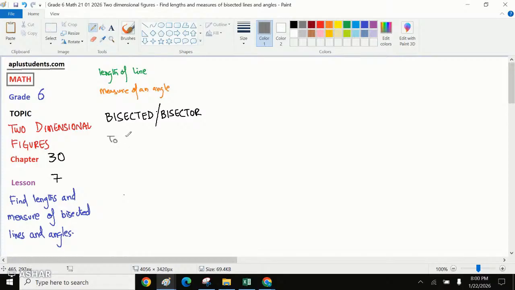The bisector always makes anything into halves. This is something that we need to remember. If we have a piece of paper, we can fold the paper as we wish, but when we are folding the paper in the center, making it half, that means we are bisecting the paper, okay? So anywhere we bisect, it becomes half.